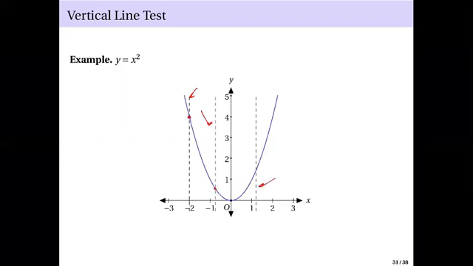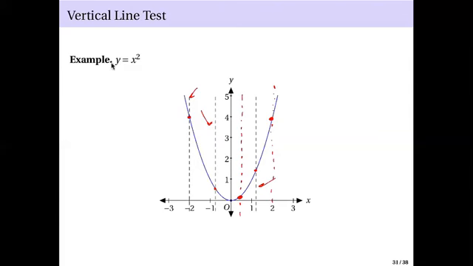For this vertical line here, this is the only intersection. If we get other vertical lines, say this vertical line here, it will only intersect once here. If you get other vertical lines, say this vertical line here, you will only have that intersection. So at most 1 point.